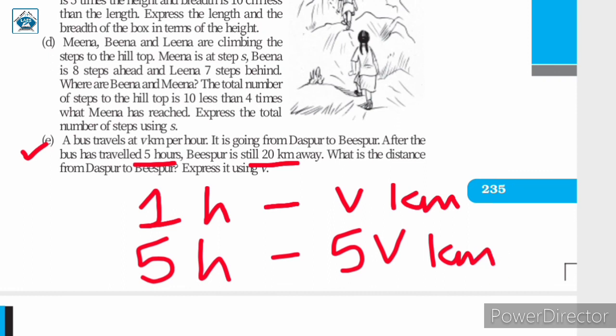So after traveling this distance from Daspur, Bispur is still 20 kilometers away. That means even after this many kilometers, we still have to travel 20 kilometers more. So for finding the distance from Daspur to Bispur, we will find the total of this distance and 20. For finding the total, we will simply add these two.